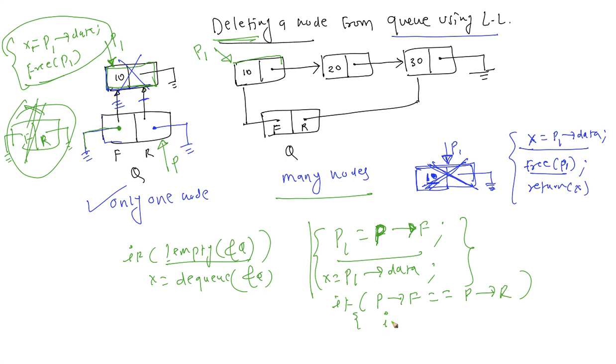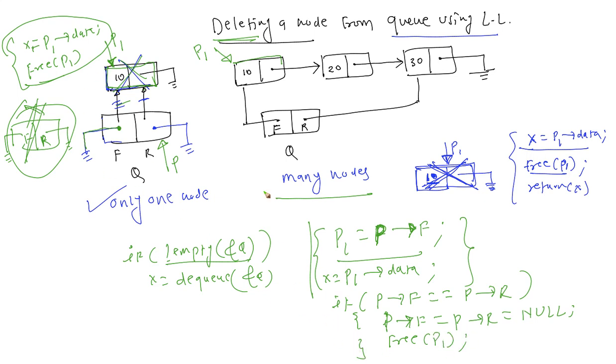I can call the initialize function from here, or I can directly set P arrow F equal to P arrow R equal to null. The same thing can be done by using the initialize function also. Then after setting these to null, I'll say free P1. That's it. This is the scenario.